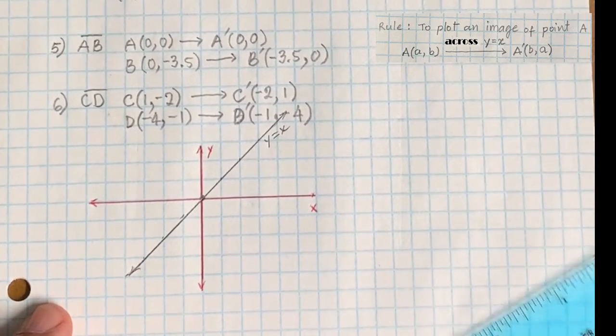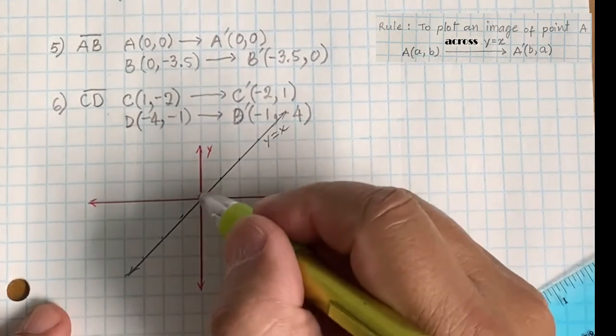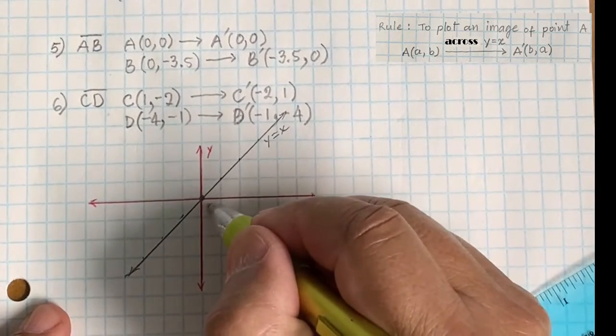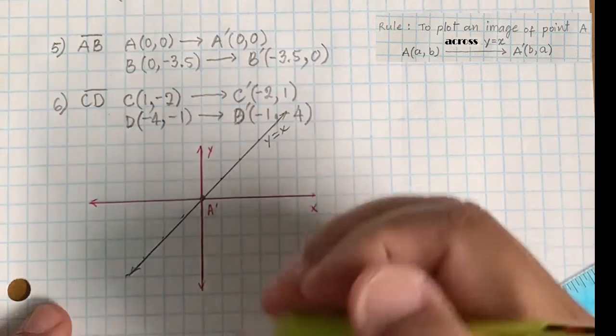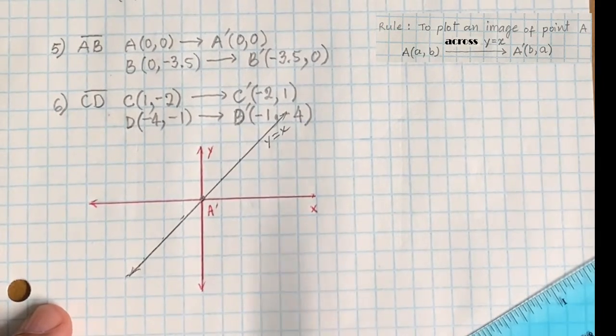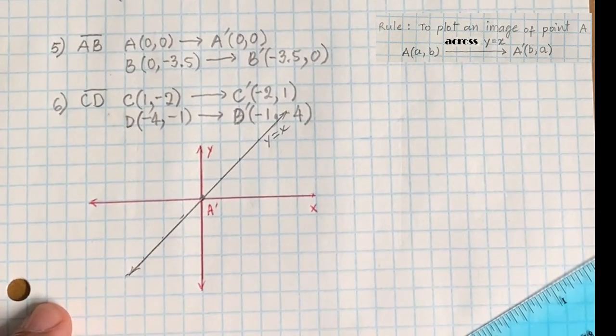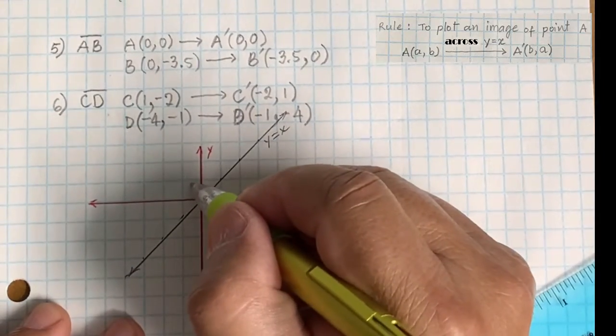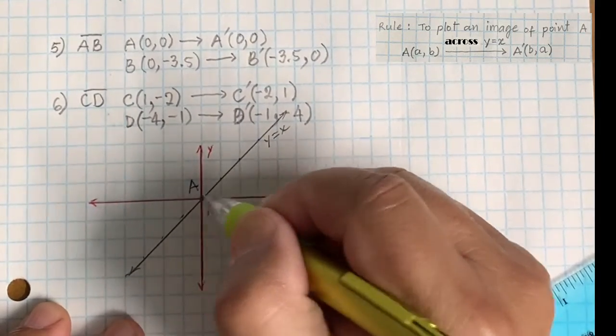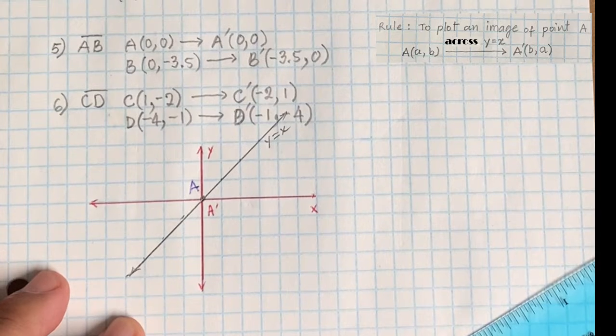So our point A prime is here, and A is at the same place anyway. So A or A prime, same thing.